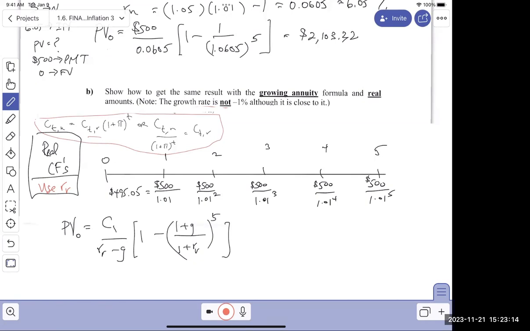I know the first cash flow; it's given here. And I know that r is 5%. All I need is g. So what is g? Is it clear what the g is?